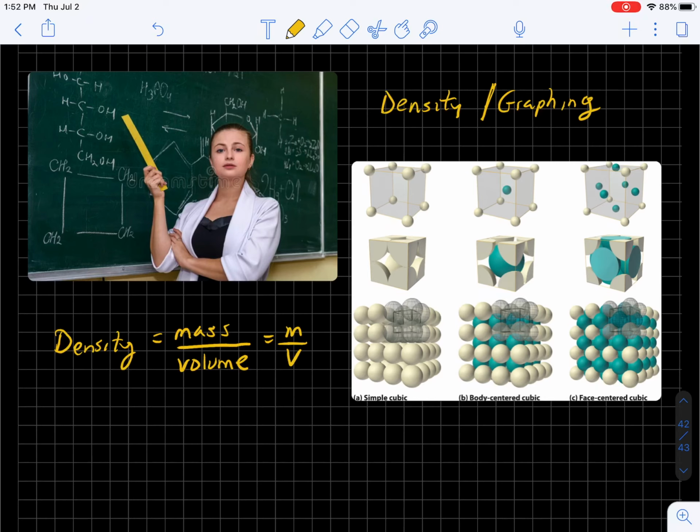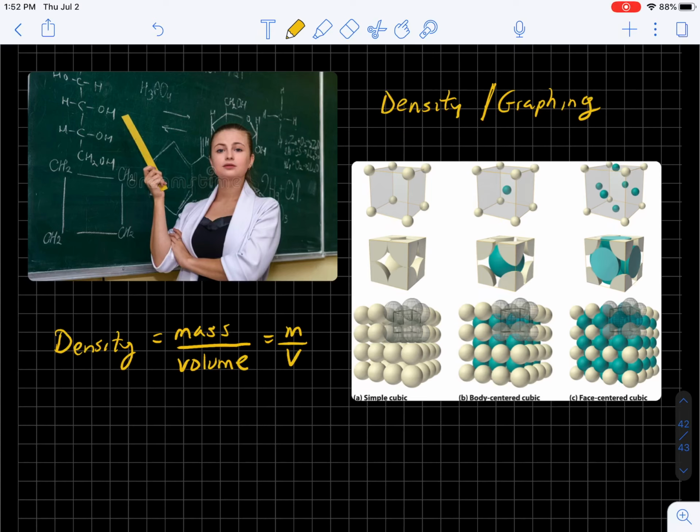One, the atoms that make up the sample. If they have a lot of protons and a lot of neutrons and electrons compressed into a small area, then they are going to be high density atoms. And high density atoms tend to stack together in liquids and solids in a way that creates high density. But the stacking itself is also important.